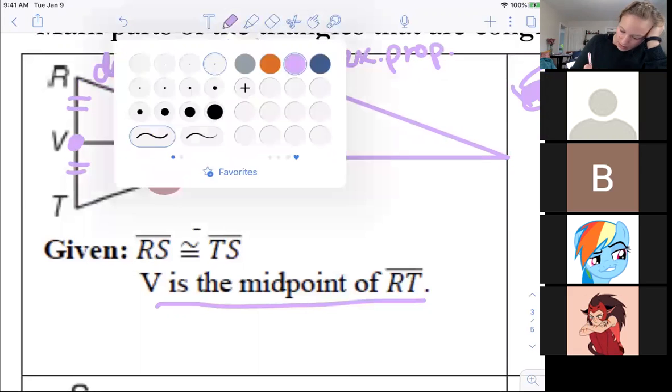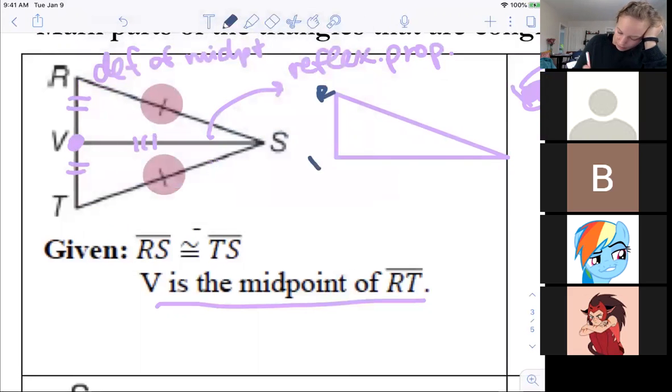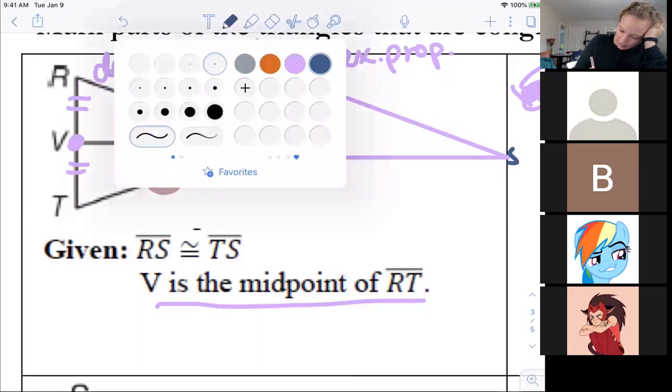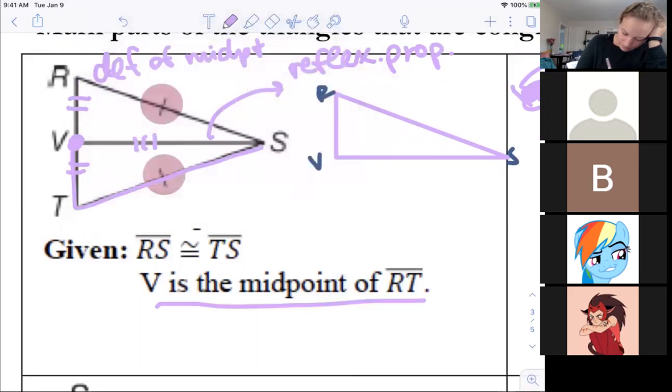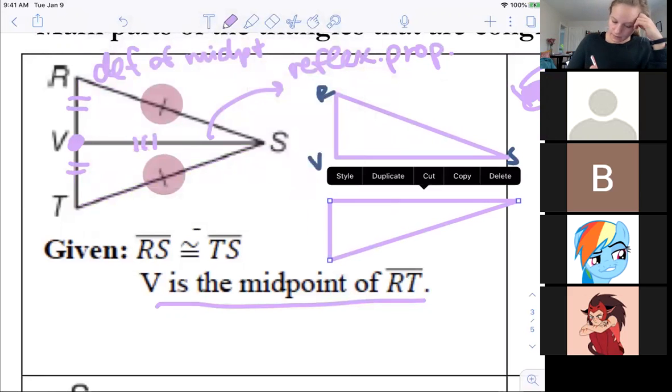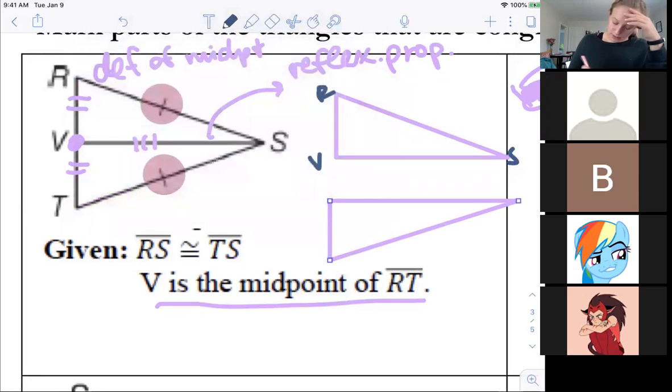So I'm going to label this one RVS, and I'm going to draw the other one. Pretend they're the same. I did a kind of crappy job of tracing it, but that's okay. And this one is VST. We still know RS and TS are congruent, and we still know VR and VT are congruent.